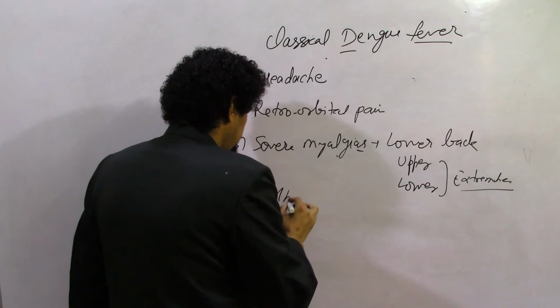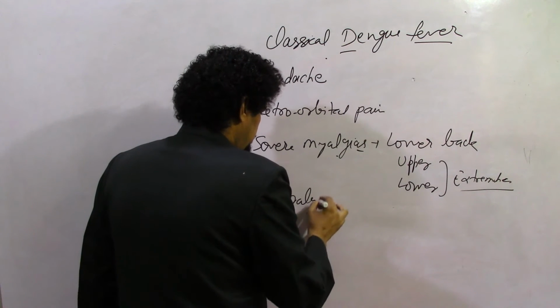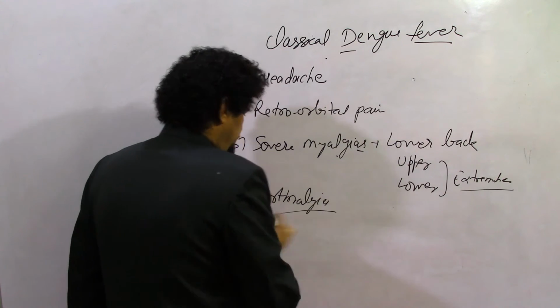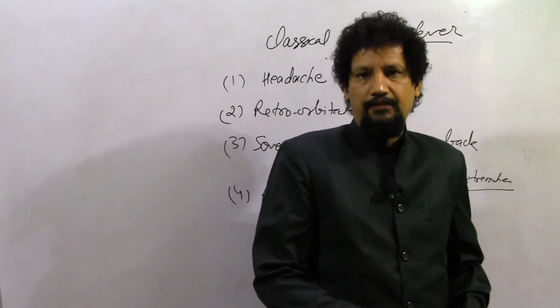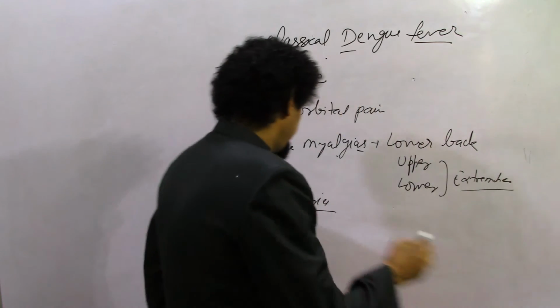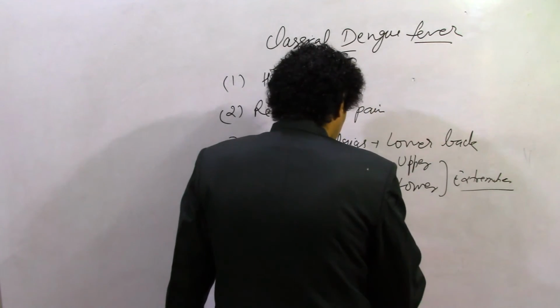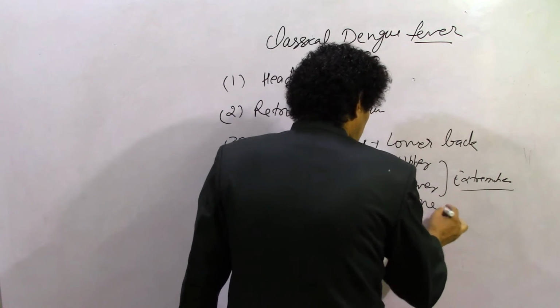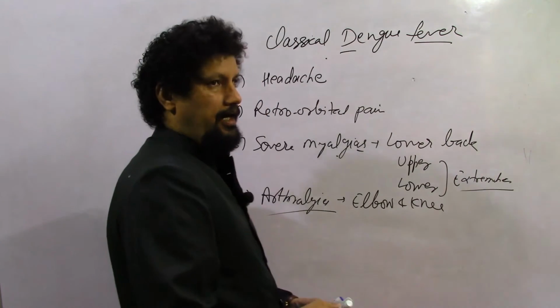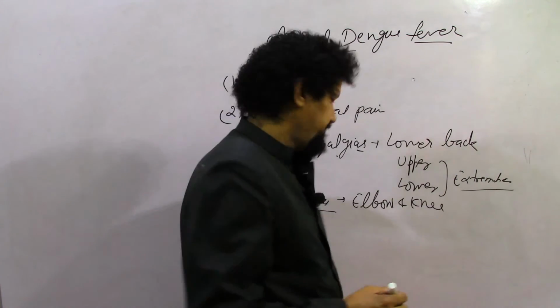Arthralgia, pain in joints, especially the elbow joint and the knee joint. And the bone pain.